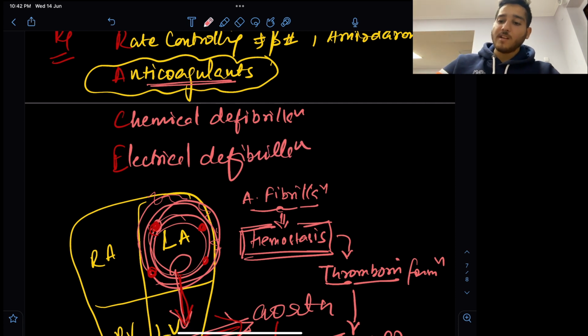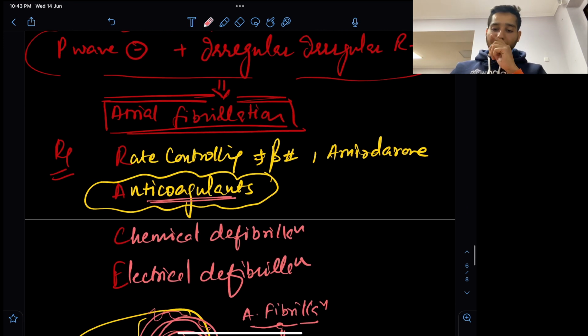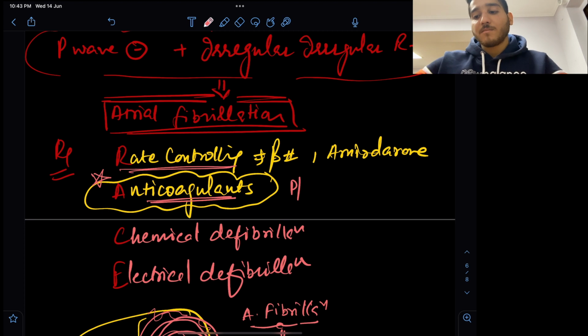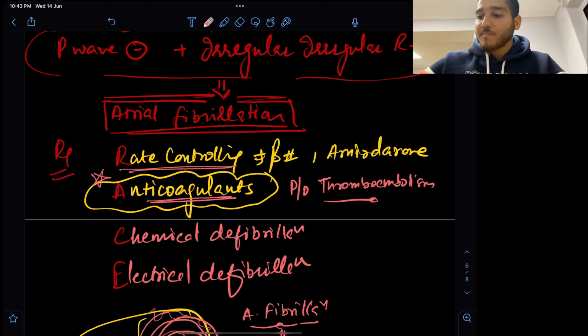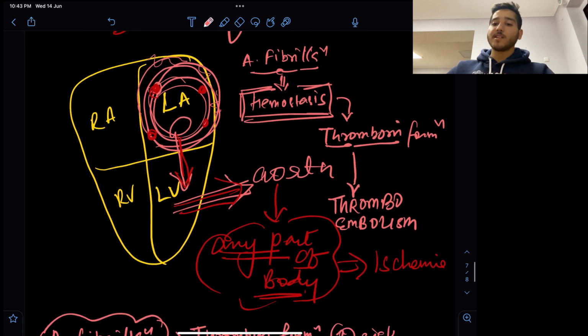Just remember the ECG for atrial fibrillation, which is absent P wave and irregular RR intervals. Then for the treatment part, remember rate controlling drugs, and anticoagulants are very important. They are given as prophylaxis of thromboembolism. Then we can go for chemical defibrillation and electrical defibrillation, right?